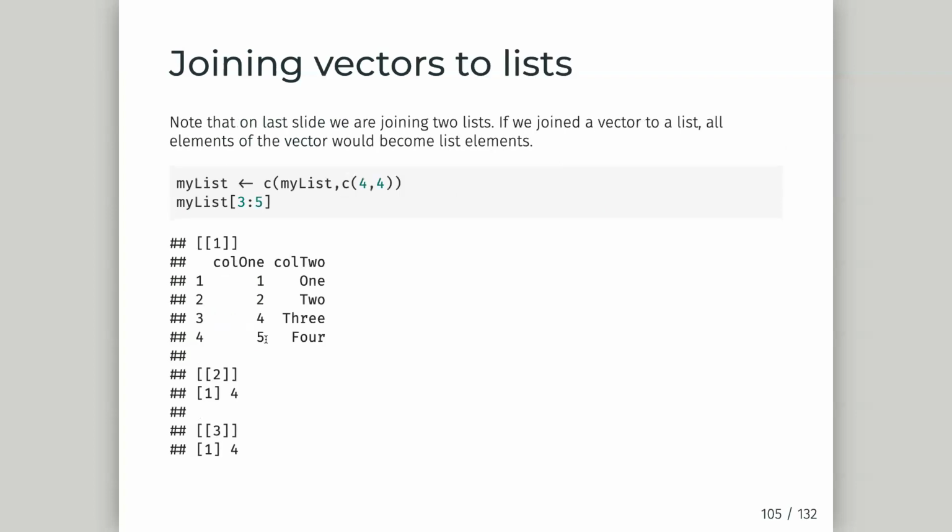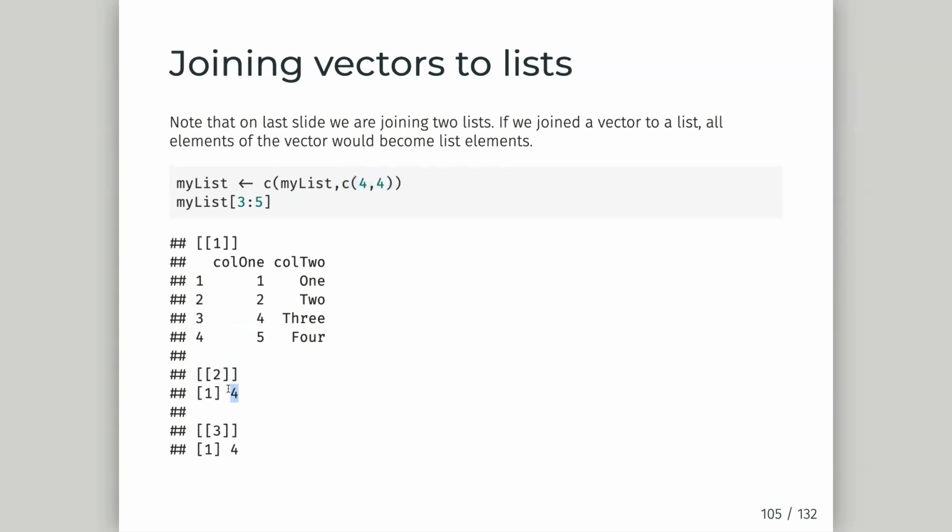A common thing I see people do is they try and combine lists like this. So we have a list here, my list from before, and then they try and combine it with a vector. And they expect that that's going to be added as its own list element. Okay, it's actually not. What it's going to do is create 2 elements for you.